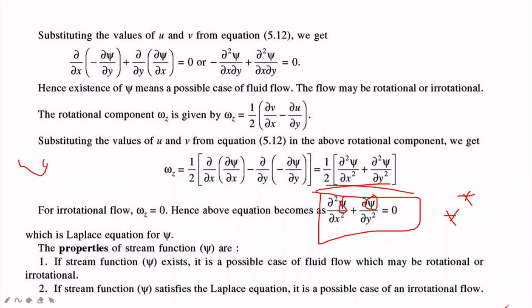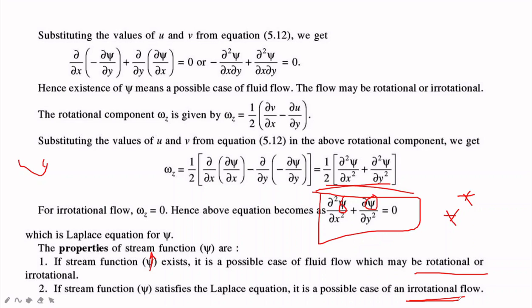Here, if psi exists, it is a possible case of fluid flow which may be rotational or irrotational. It will not give a clear picture whether rotational or irrotational. It will give a doubt only. If stream function psi satisfies the Laplace equation, it is a possible case of irrotational flow.